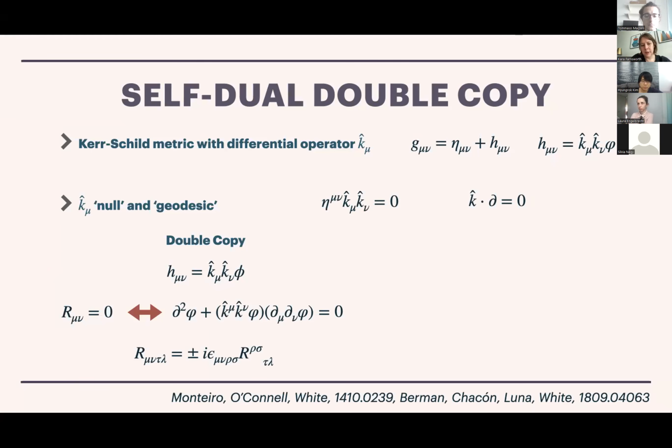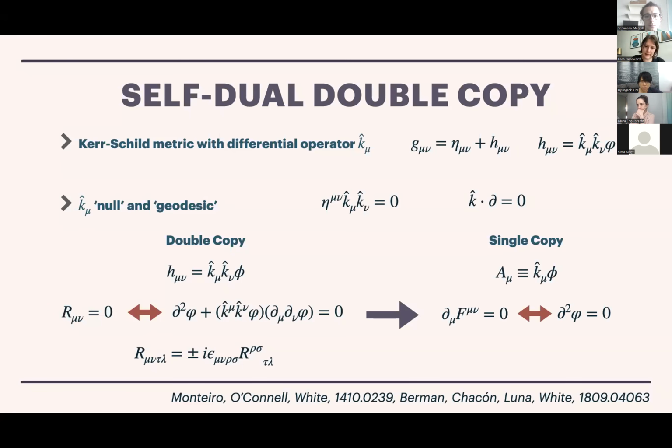Looking at the gauge theory version of this, doing this map, we can treat our gauge field as k mu hat acting on phi. And if we also impose that we want the graviton to factorize into k mu, k nu, like it did before in the Kerr-Schild double copy, this differential equation for phi, actually each individual part of it has to vanish. So in particular, we get that box phi has to be 0.